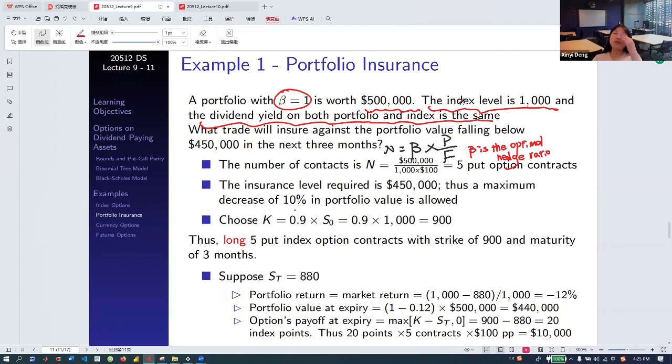Also, before I do the calculation, the intuition for this hedging is that instead of selling the equity portfolio, you are still holding the portfolio because you still believe that in the long term it's going to generate positive returns.